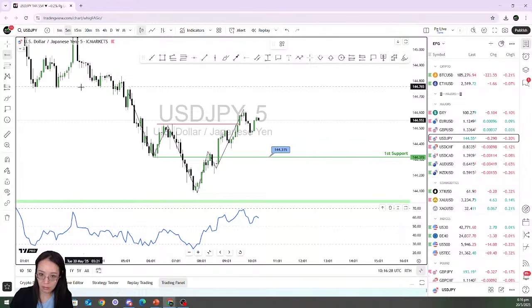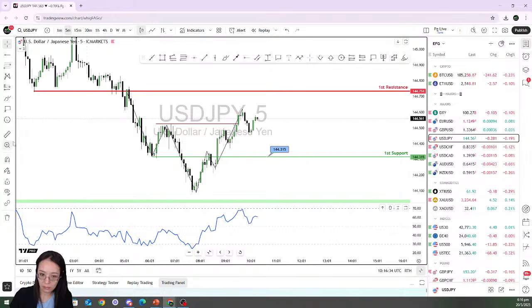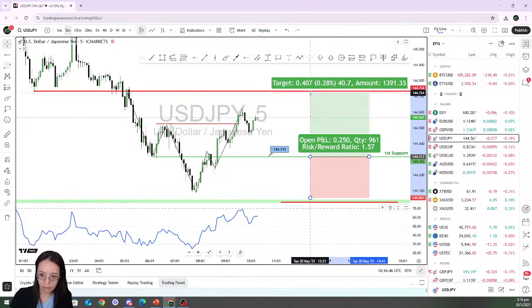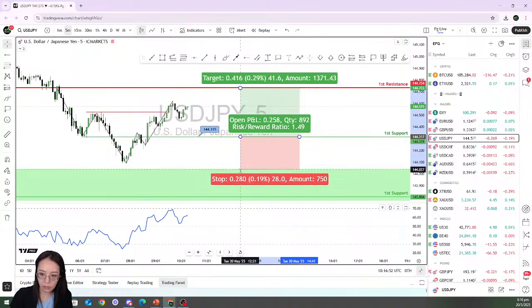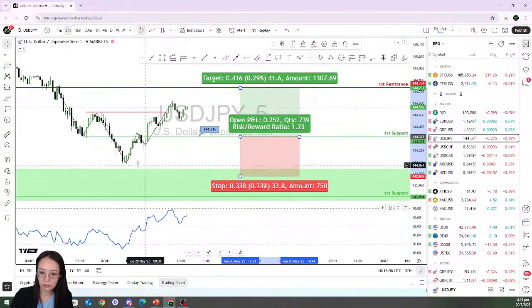TP at this level. Let's say where to buy here. TP, actually 1-to-1, stop loss below this week.